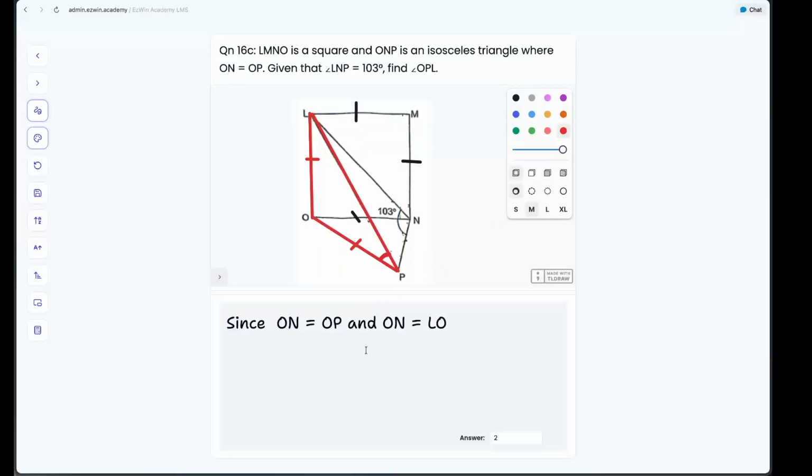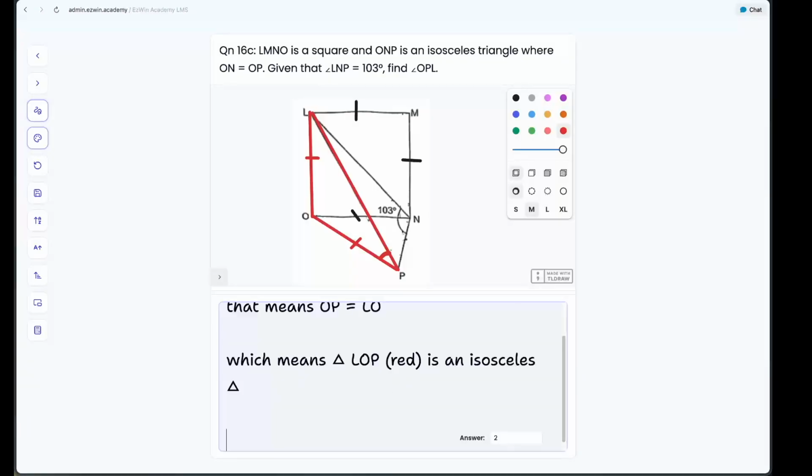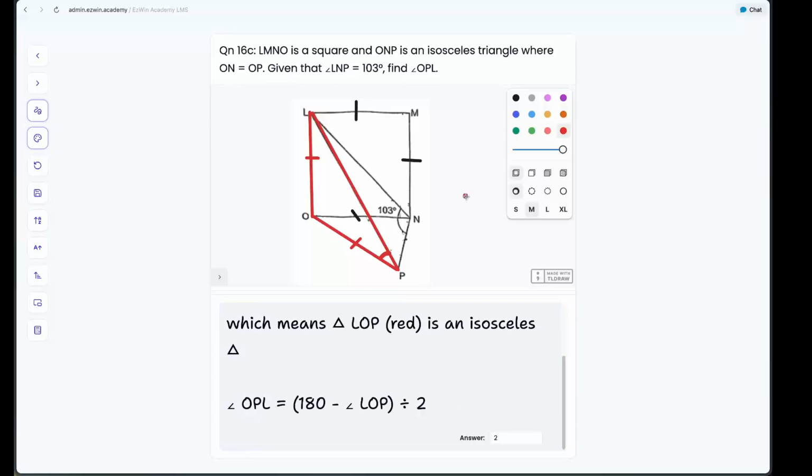Because since ON is equal to OP, which is over here, and ON is equal to LO, as what you see over here, that means OP is equal to LO, which means that the triangle LOP is an isosceles triangle. So that means angle OPL is 180 minus angle LOP, which is this purple angle over here, and then we divide by 2.